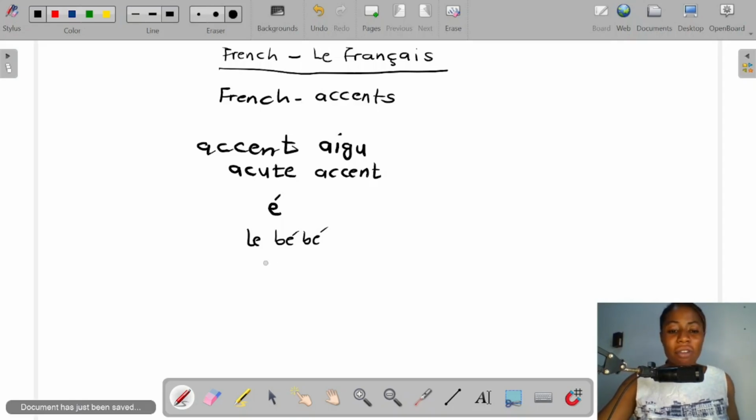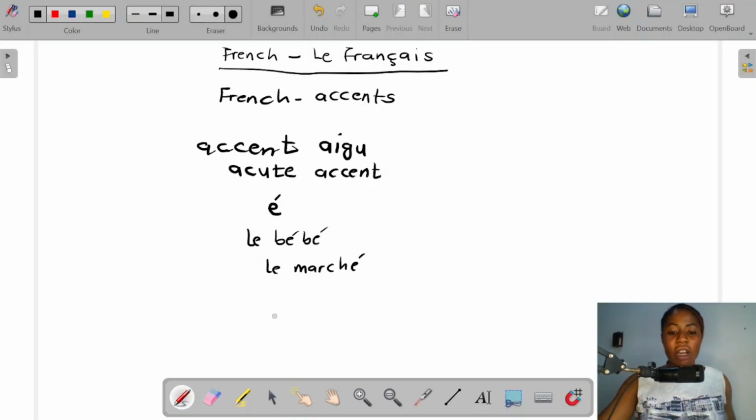Now let's look at another example. We have le marché, which is the market. You can see that at the end of the word marché, we have an E with that accent on top of it.